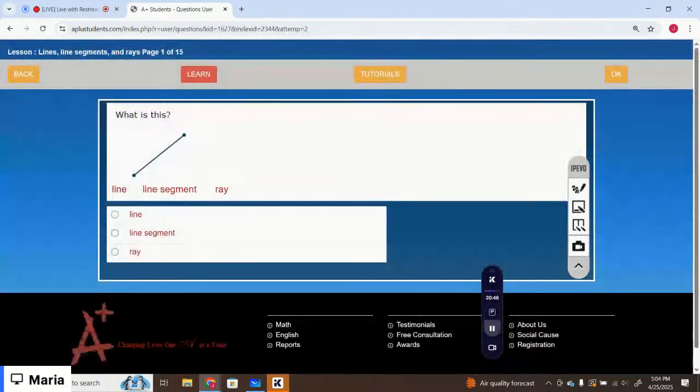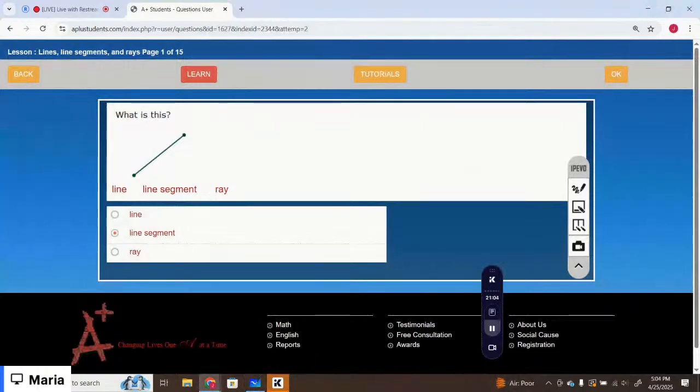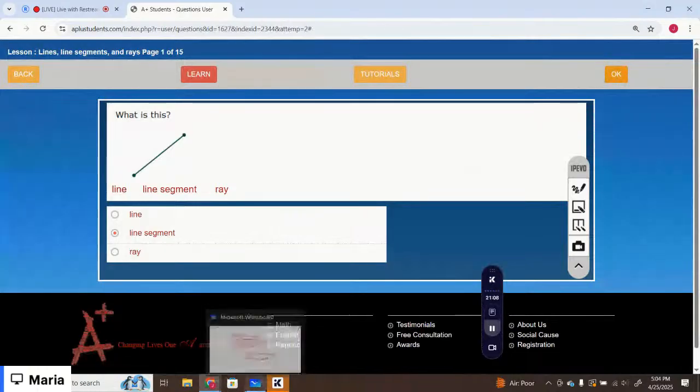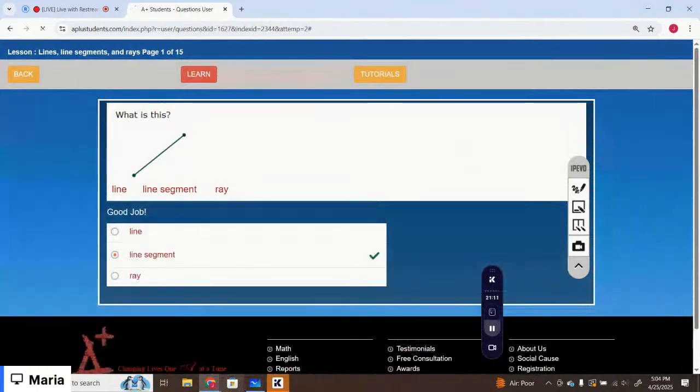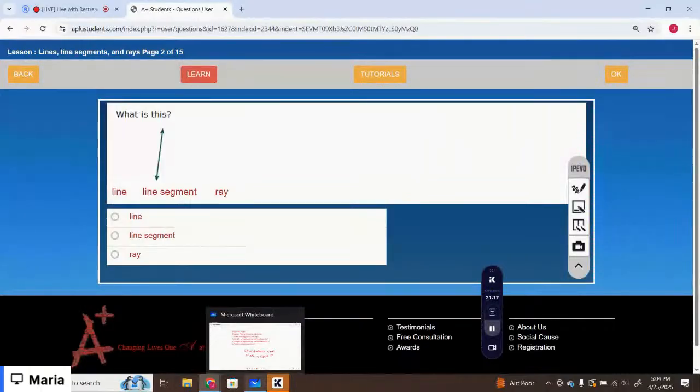What is this: line, segment, or ray? Line segment it is, because it has two endpoints. What is this?